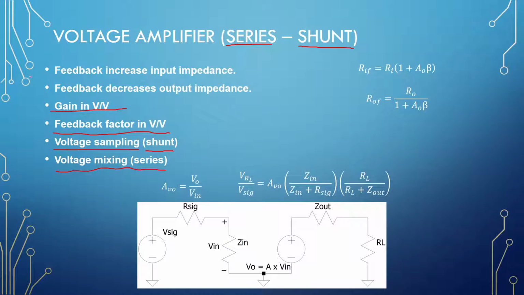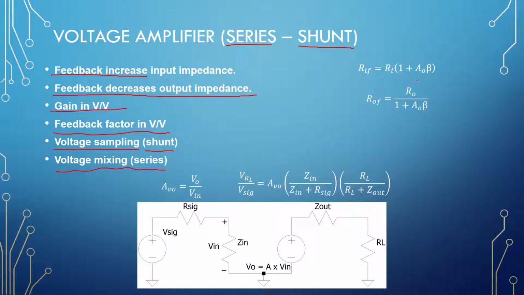Now, ideally for voltage amplifiers, you want the input impedance to be infinite. So applying feedback will increase your input impedance. It's a good thing. And you want your output impedance to be typically zero. So the feedback will decrease your output impedance.